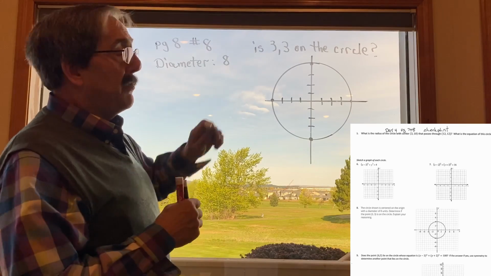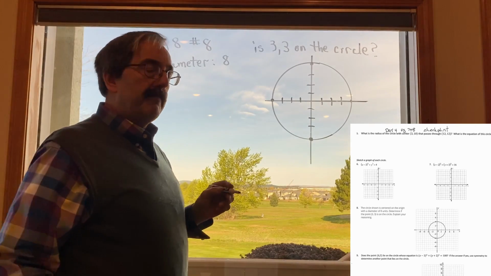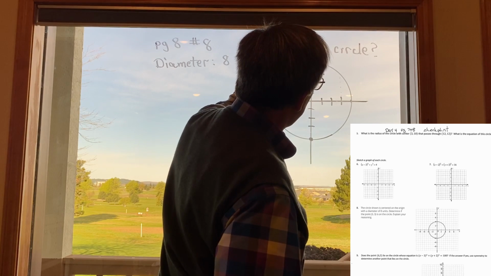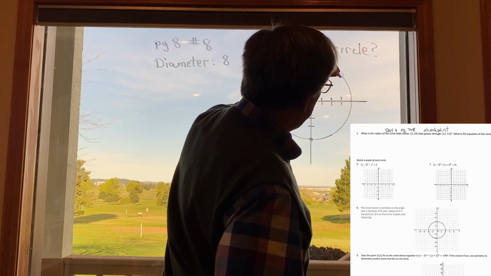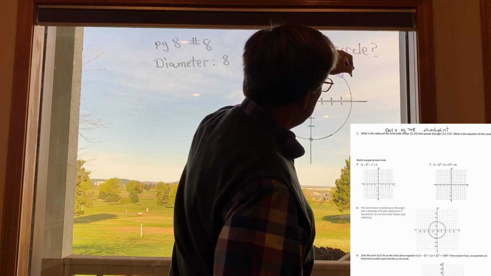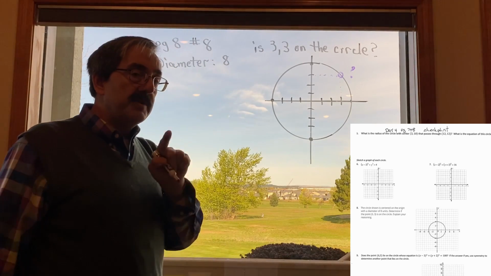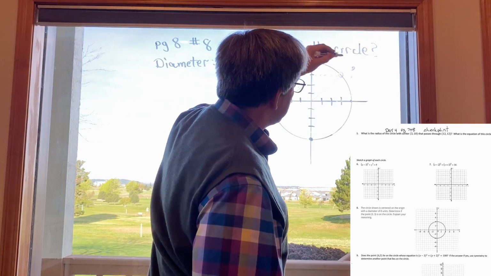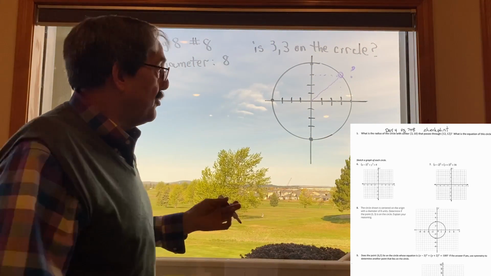So, first thing I want to do, let's see if we can locate 3, 3. Go up 3, over 3, and I'm going to make a big dot with a question mark. Is that on the circle? Okay, the whole idea is this guy named Pythagoras said, make a right triangle.